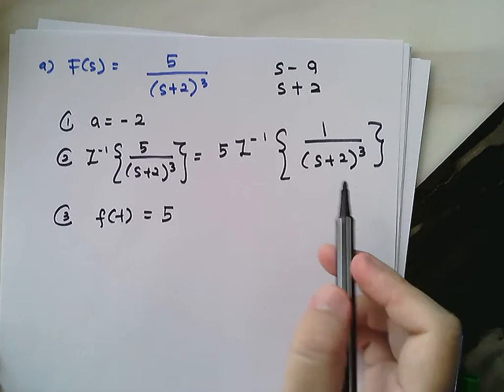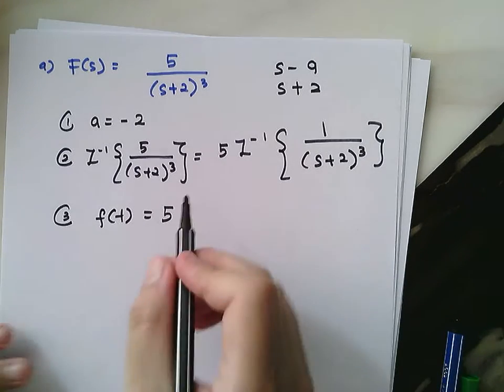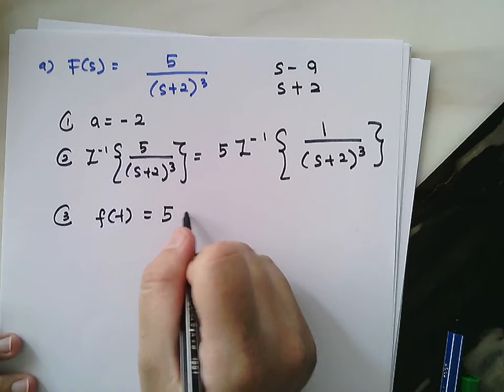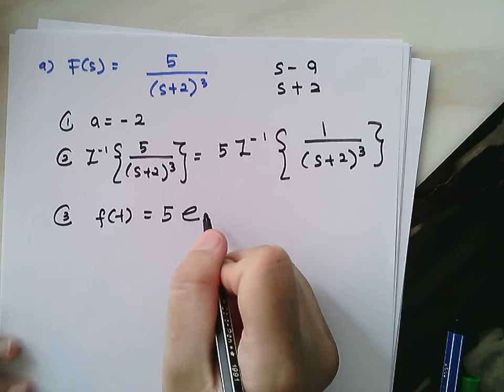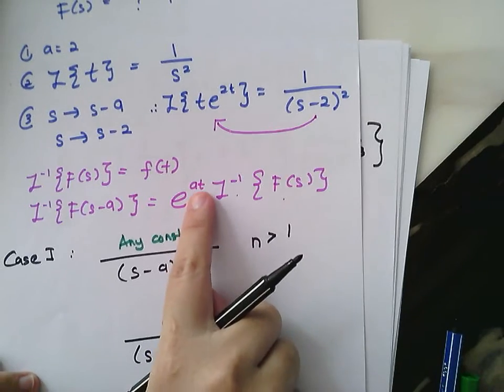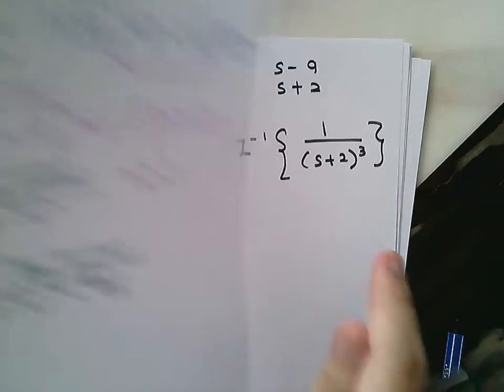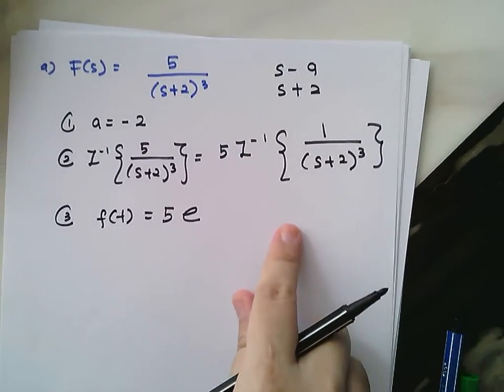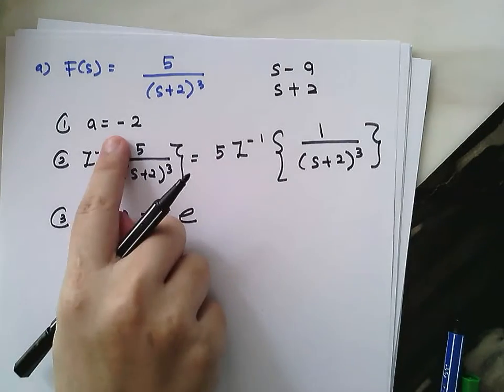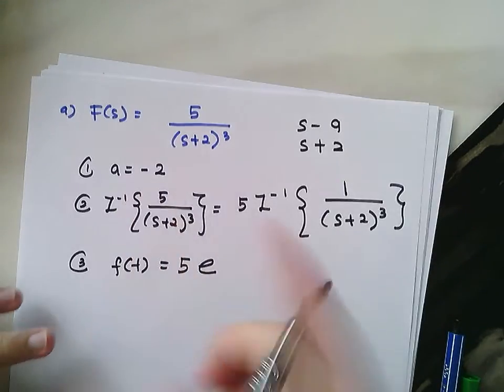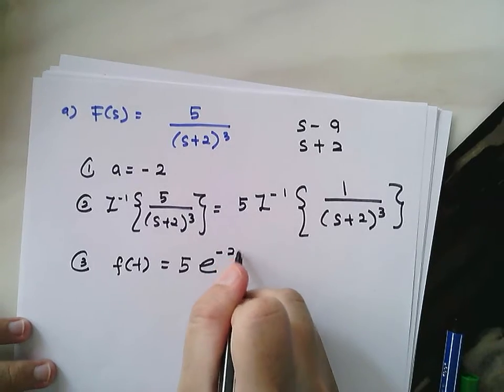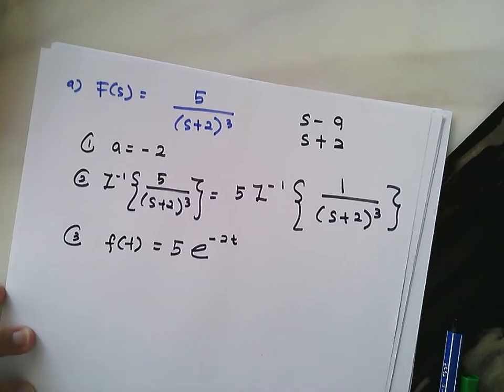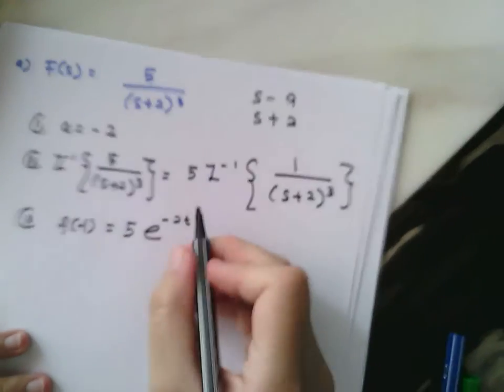First you need to have the exponential function term, e^(at), referring to this one. What is your a? Your a is equal to negative 2. So you will have e^(-2t) times the Laplace inverse.